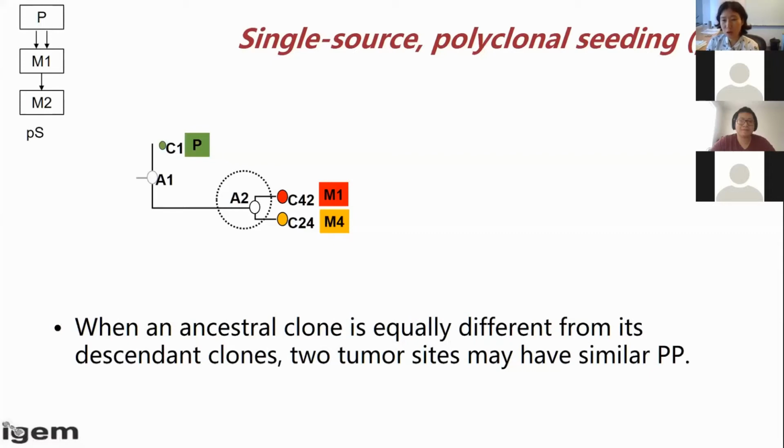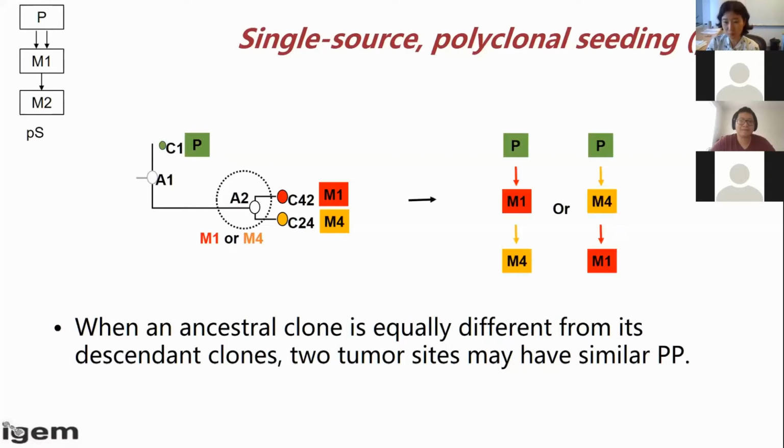These clones have similar branch lengths leading to A2 clone. Therefore, it's impossible to determine the ancestor tumor location of this clone A2. So Pathfinder produced two solutions. These results indicate that it's very important to have a large number of SNPs to make accurate inference.